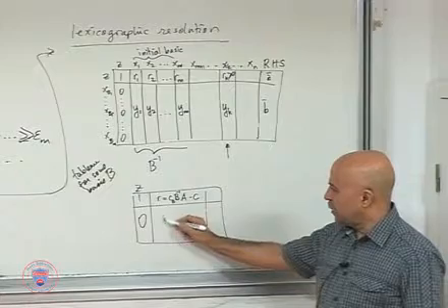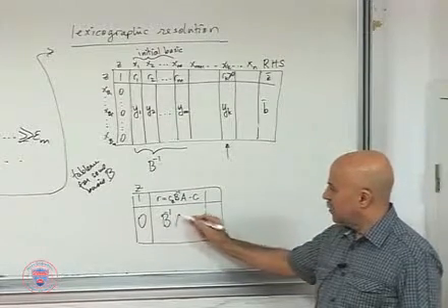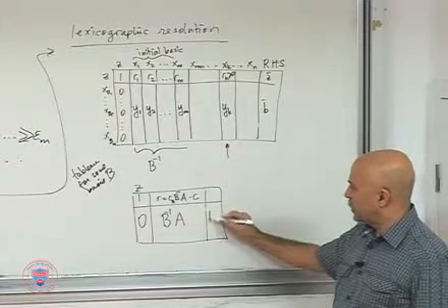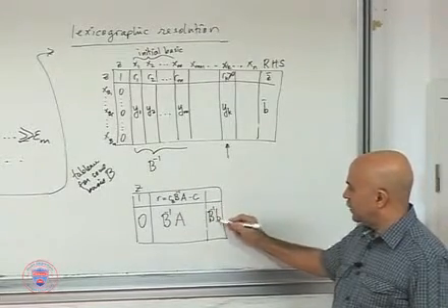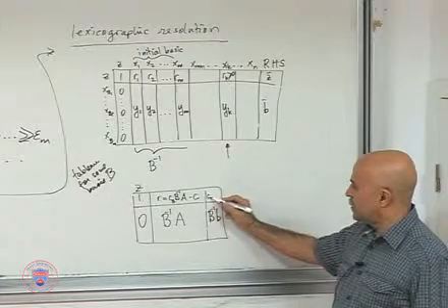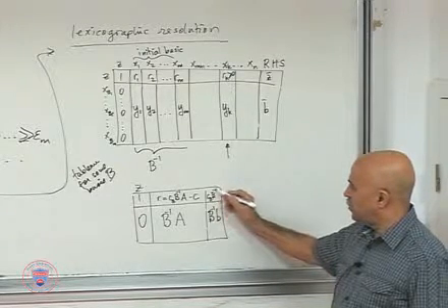But this part is B inverse multiplying the initial A matrix. And this part is B inverse multiplying the initial right-hand side. And this part is CB B inverse B.